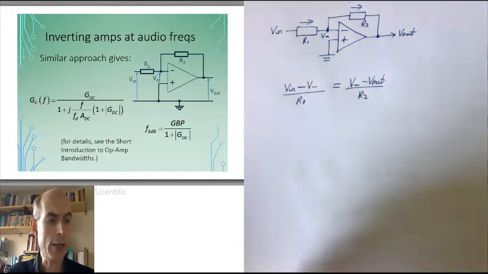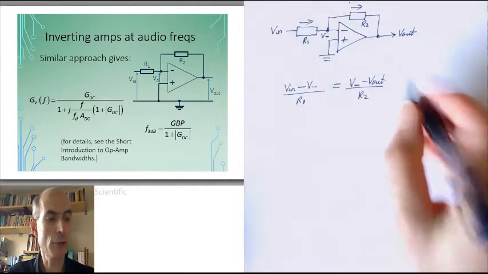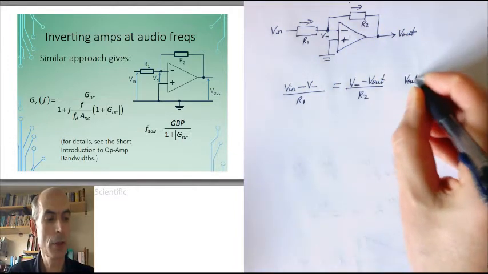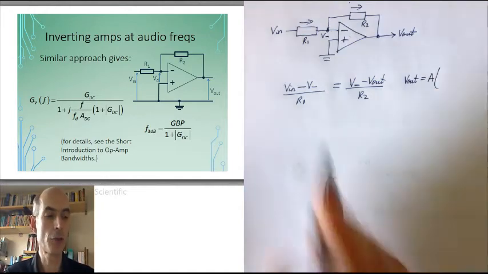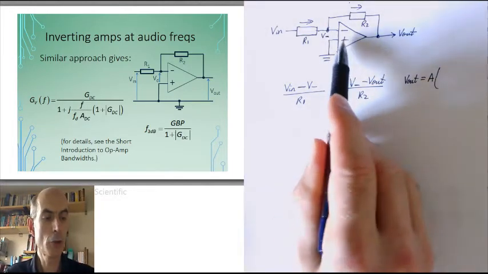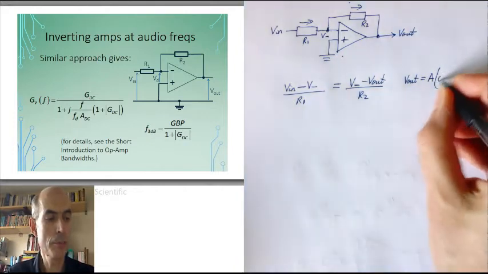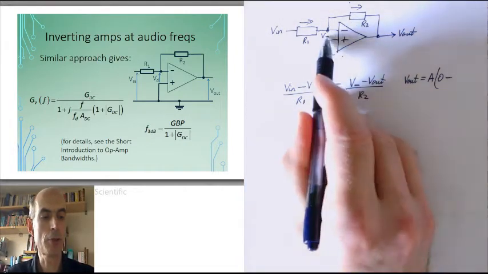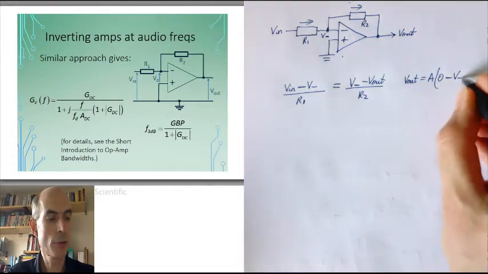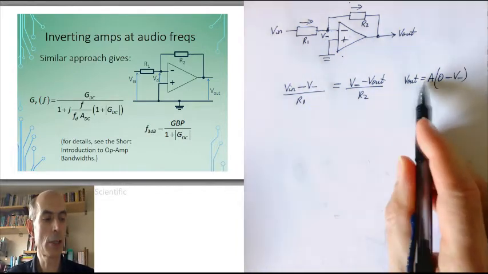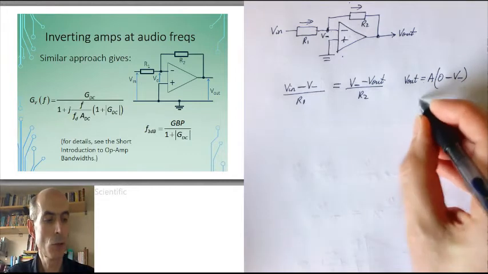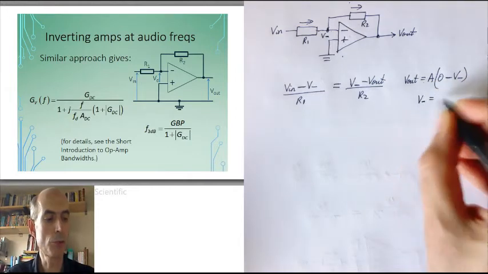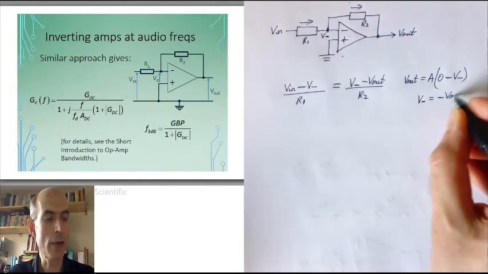And for the op-amp itself, V out will be its open loop gain times the difference between its two inputs. Its non-inverting input is at 0, its inverting input is V minus, so that gives V out equals minus A times V minus, or V minus equals minus V out over A.